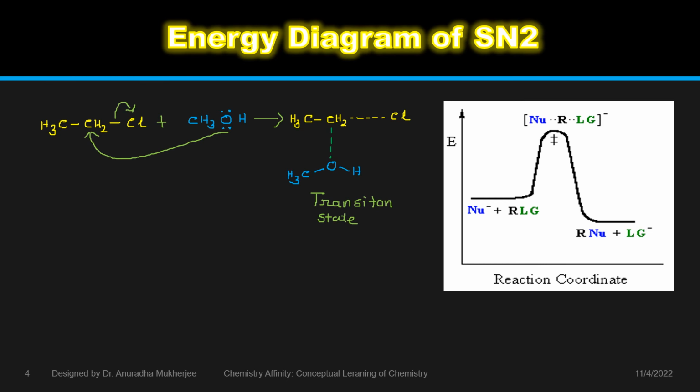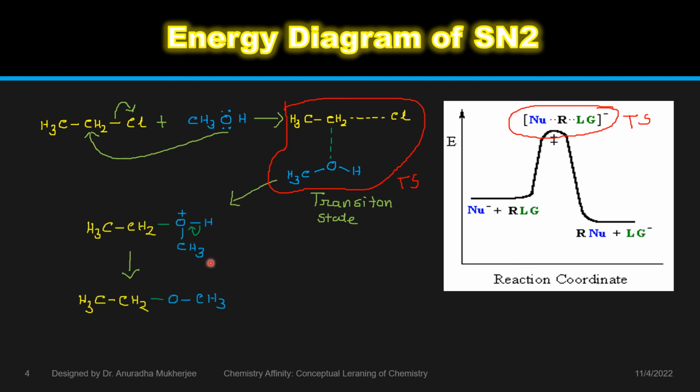So this is called the transition state. Once it reaches the transition state, the leaving group leaves completely and the carbon forms a new bond with the nucleophile methanol. So this is the energy level of the new product and the leaving group. Here the leaving group is Cl minus.